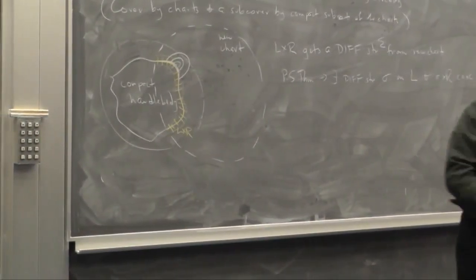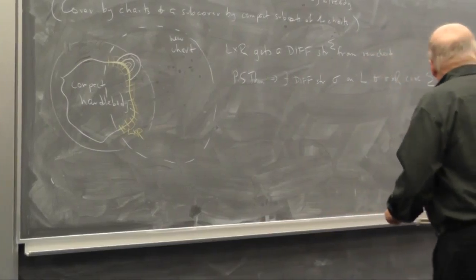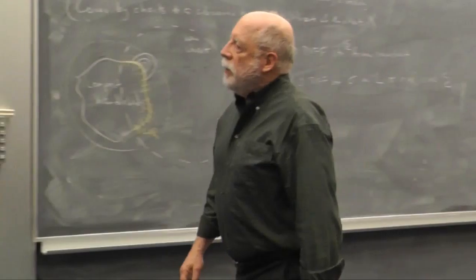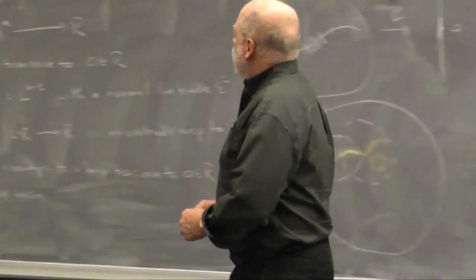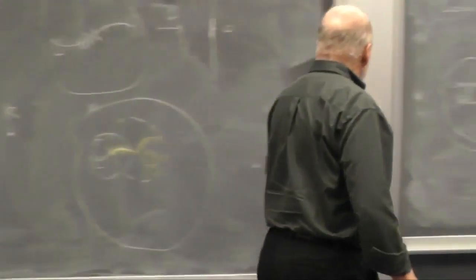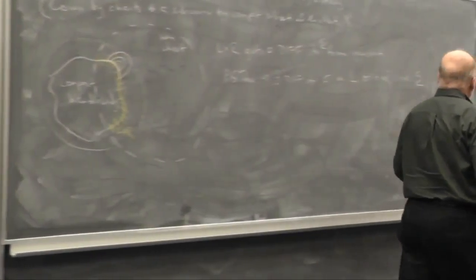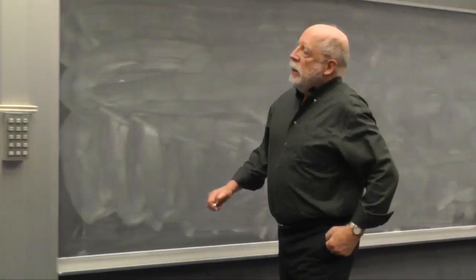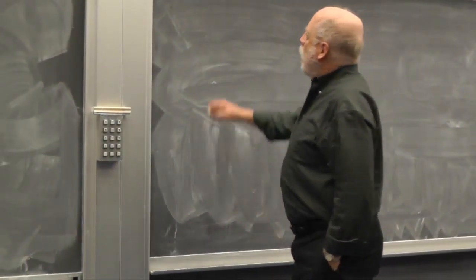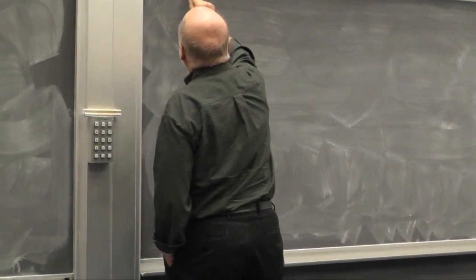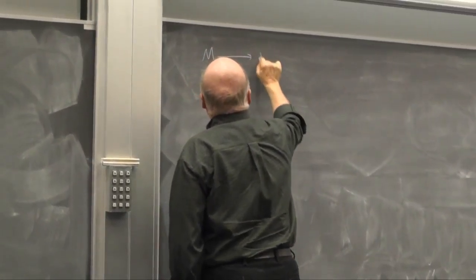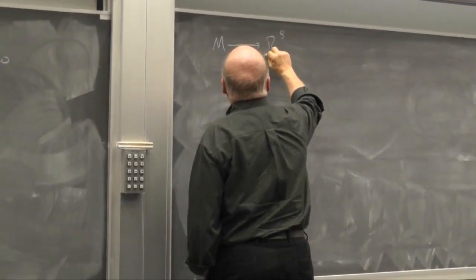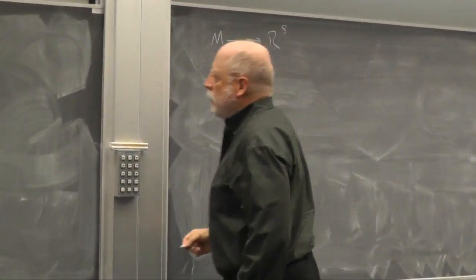Now you might ask, well, that's fine for maps to the reals, but what about maps to something more complicated? Well, I won't go into too much detail on this. But if you're mapping from M to R^s, and you want to make it transverse to 0, it's the same game.